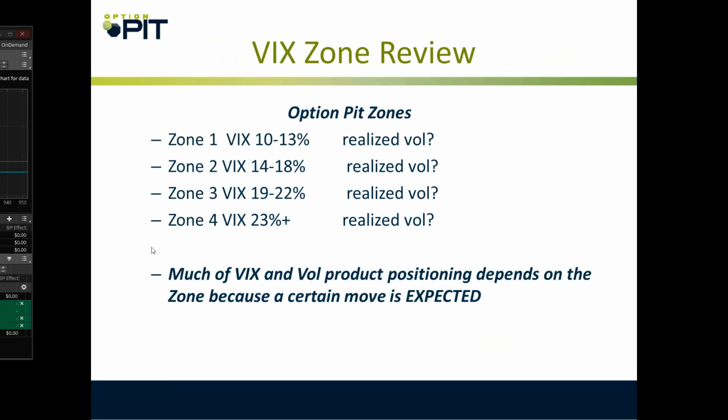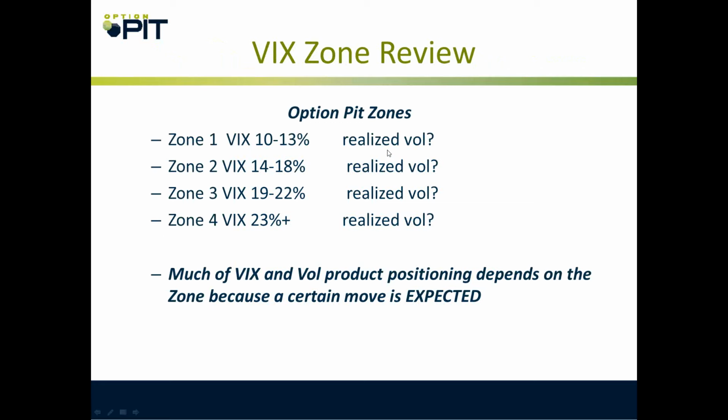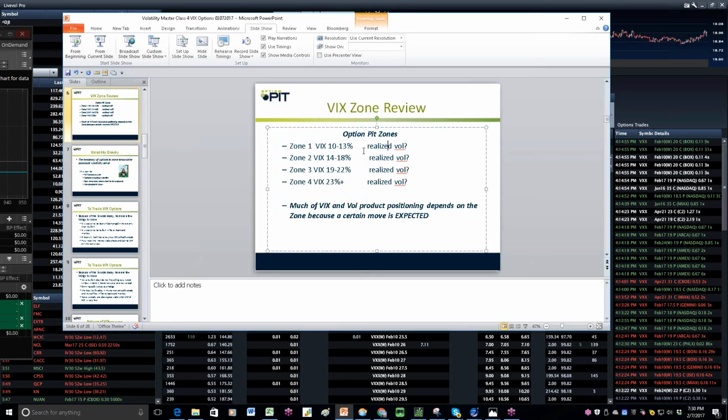Okay? So a couple things about the VIX zones, and you can argue with me about this, right? But usually when you're in zone 1, the realized vol, is it lower or higher than where the VIX is trading? Right?